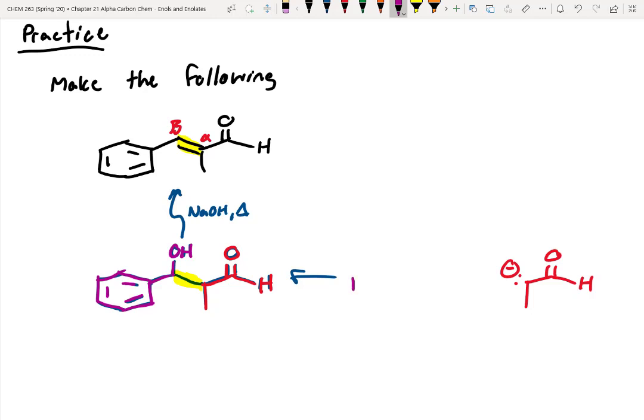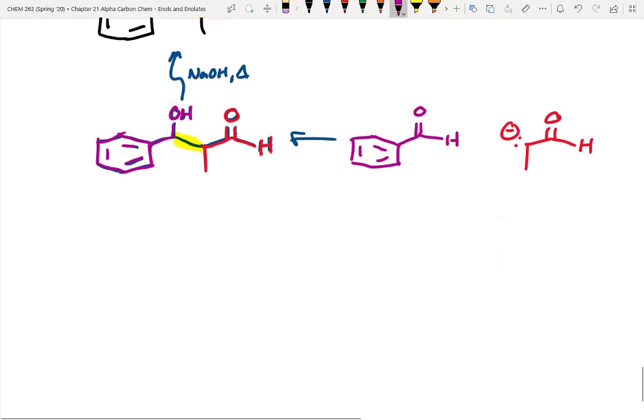So in this case, it must have been something that looked like this. All right. So we've already identified which one's going to be our nucleophile and which one's going to be our electrophile. We can make this by treating it with LDA from our original aldehyde, and we could make that into our nucleophile.